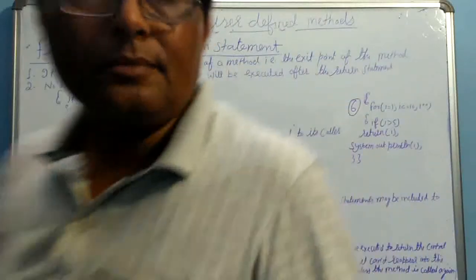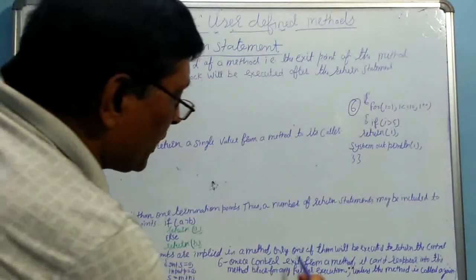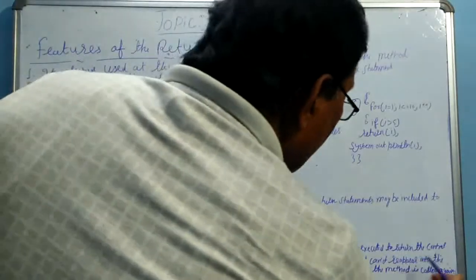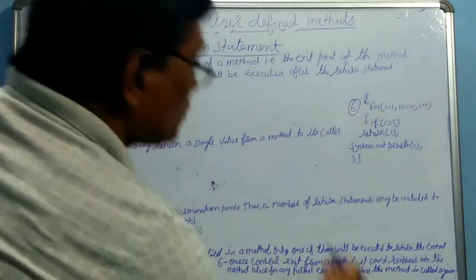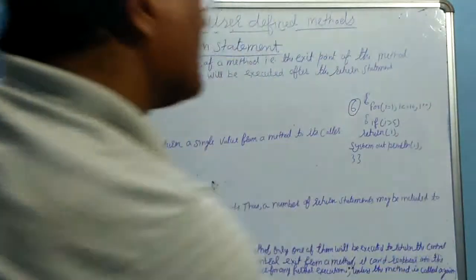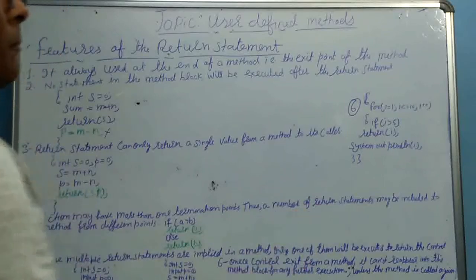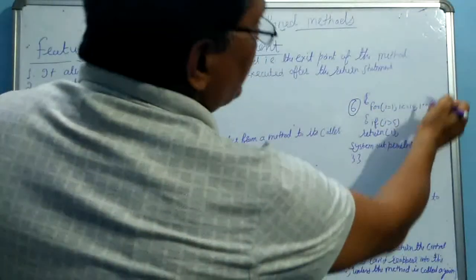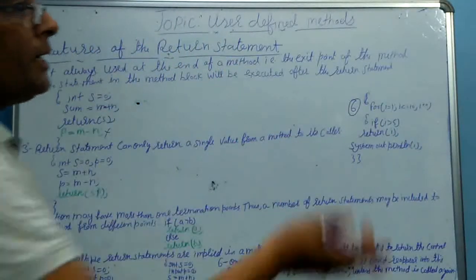Next, sixth point, once control exits from the method, it cannot reappear in the method block for any further execution unless the method is called again. Means suppose the loop is for i is equal to 1 and i is less than or equal to 10, so the control will run from 1 until 10.